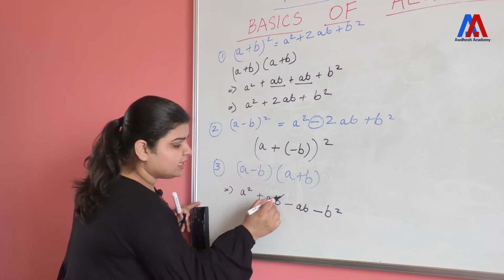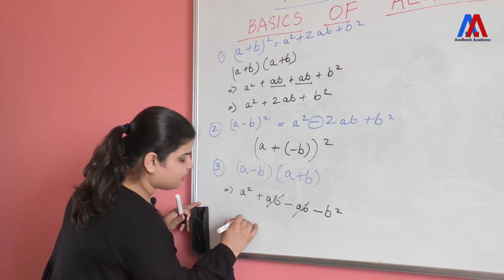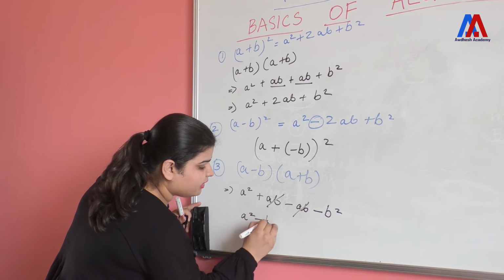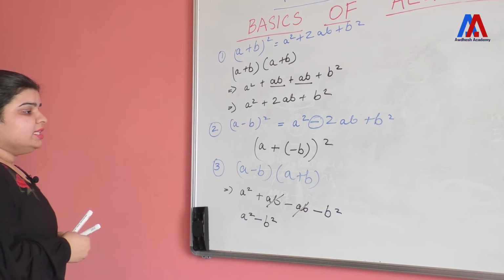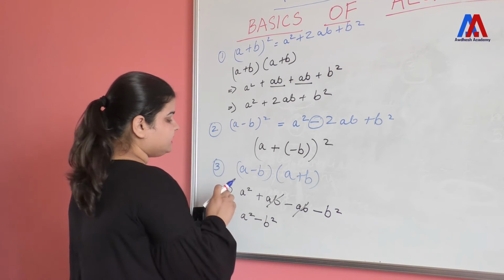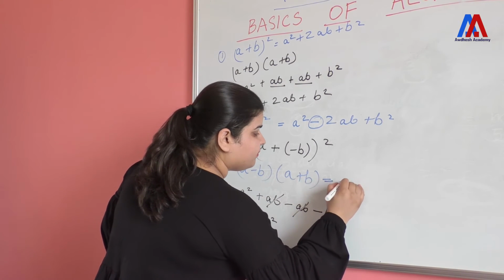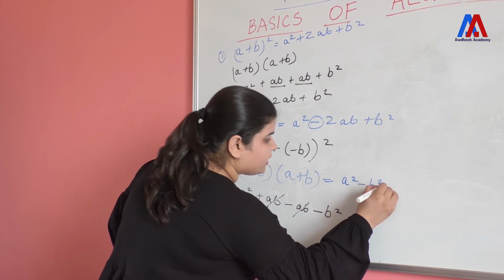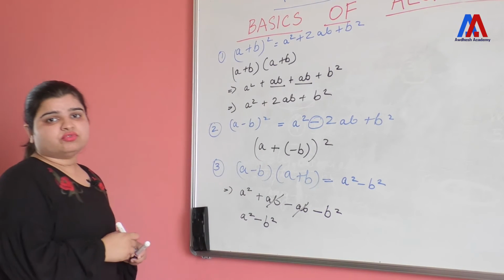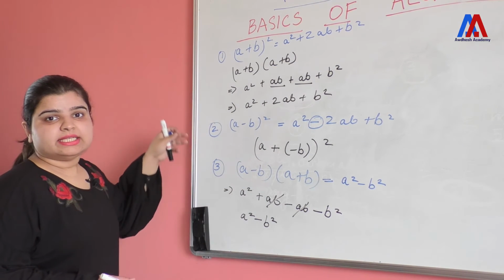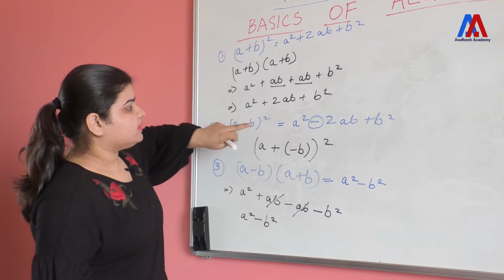As you can see, these two terms get cancelled out and we get a² - b². So this gives us the third identity: (a - b)(a + b) would be a² - b². This is a very useful identity. These were the identities where we had squares.